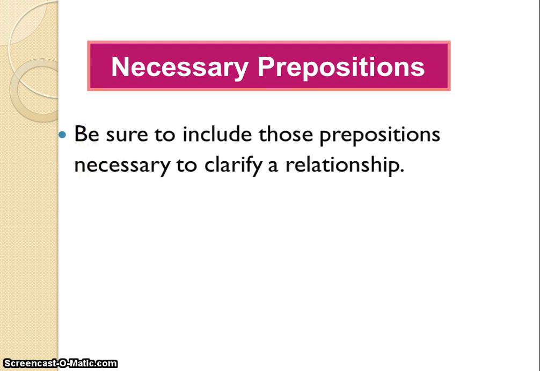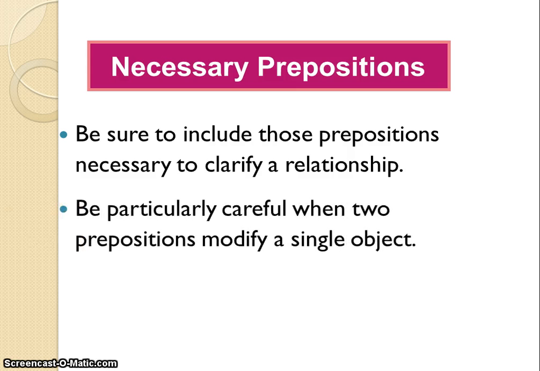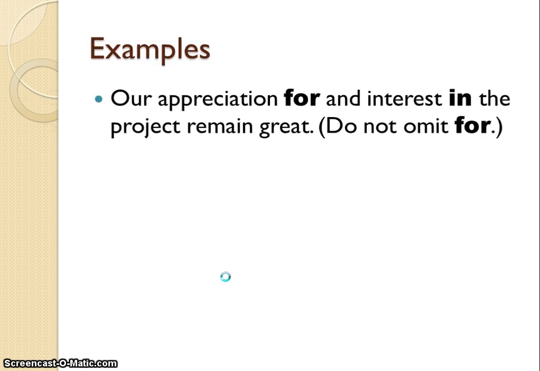Okay, sometimes there are prepositions that are necessary and some that are not necessary. We'll want to include prepositions that clarify things. We want to be careful when two prepositions modify a single object also. For example, our appreciation for and interest in the project remain great.